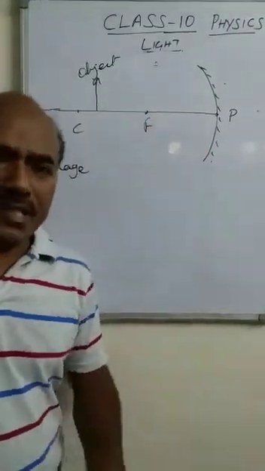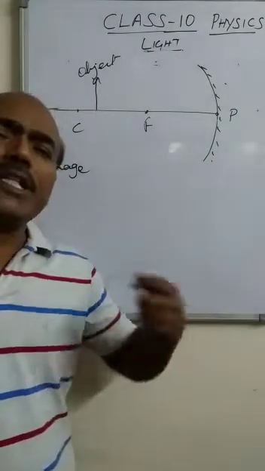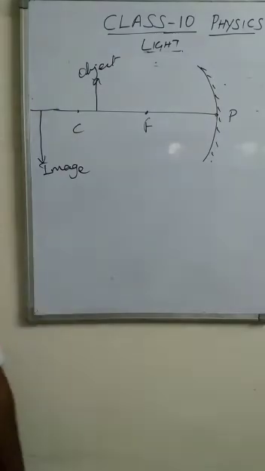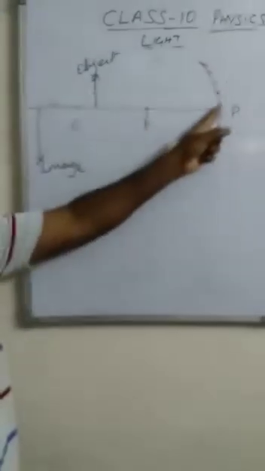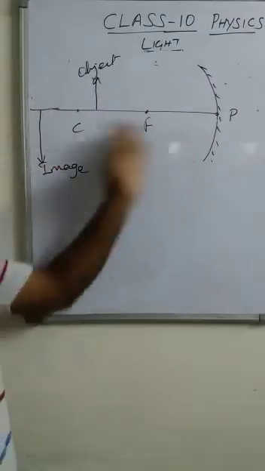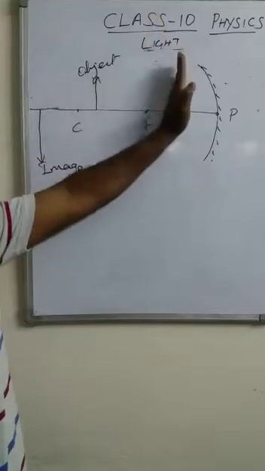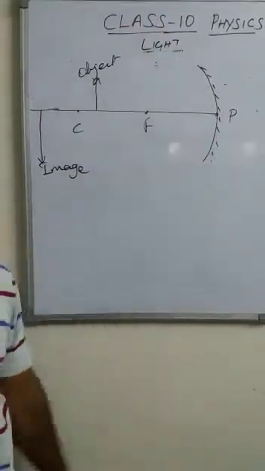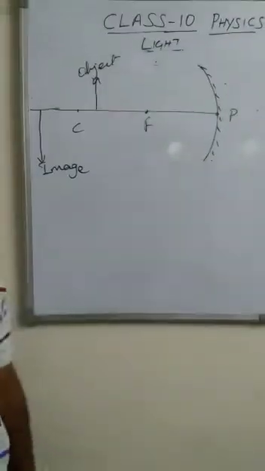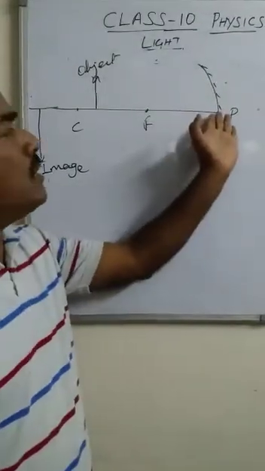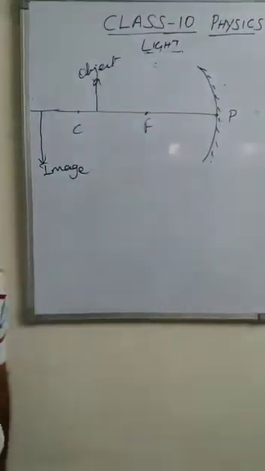In this measurement, some sign conventions must be given because for this case of object, the image is formed in front of the mirror. If the same object is placed between P and F, between pole and focus, then the image is formed at the back side. In that case, the image is measured from the mirror on the other side.